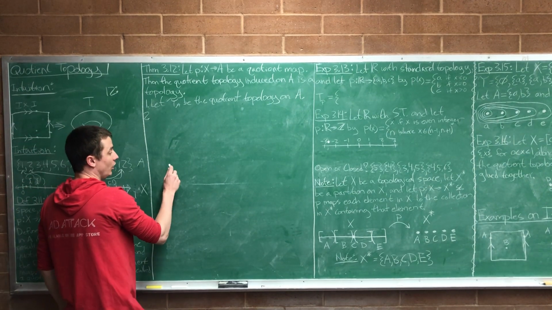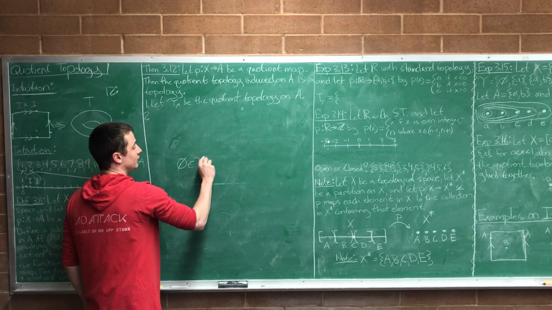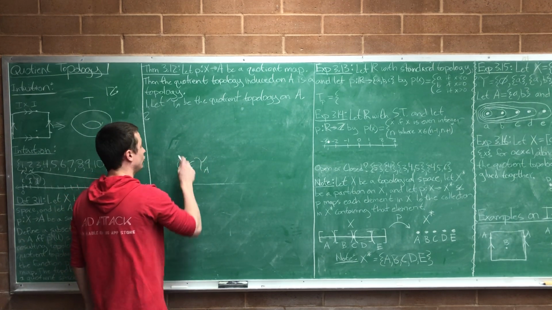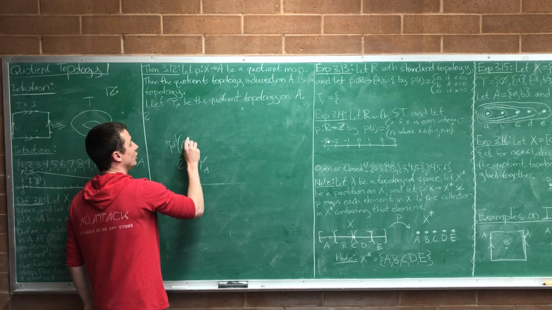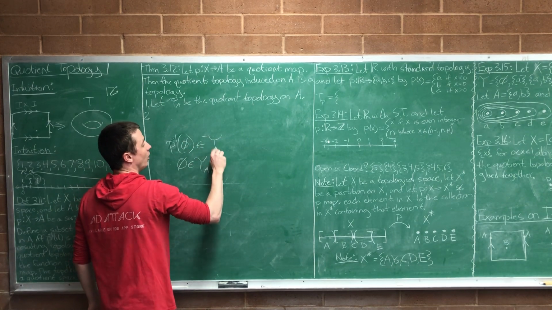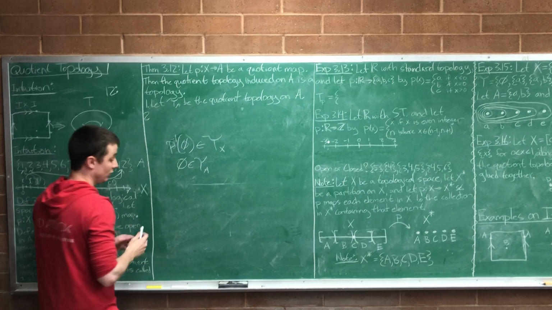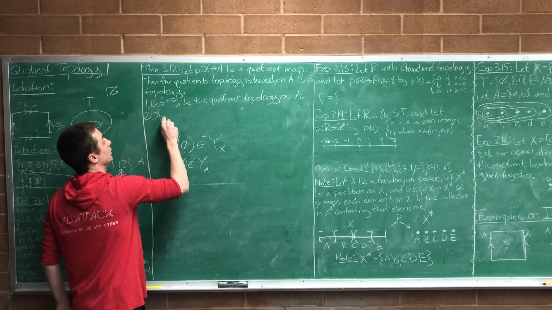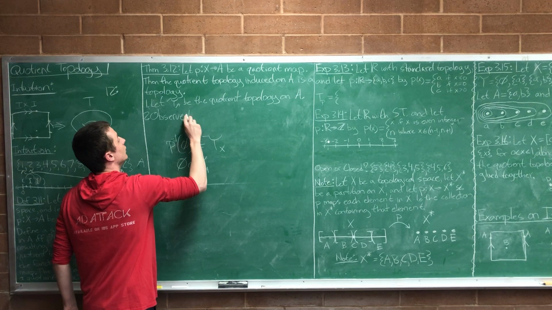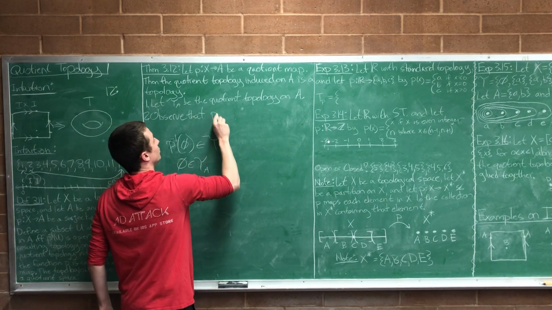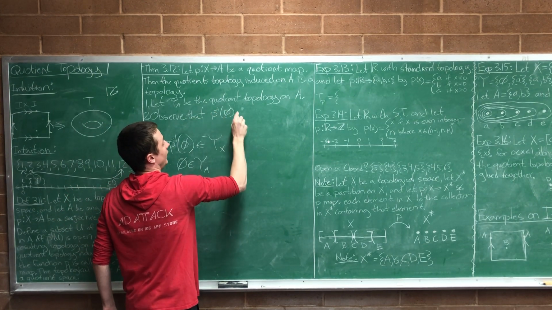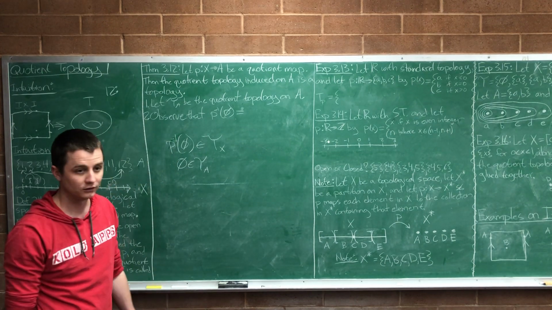The only way to show that the empty set is in tau on A is to show that the pre-image of the open set is in tau on X, right? So, observe that the pre-image of the empty set is equal to what?